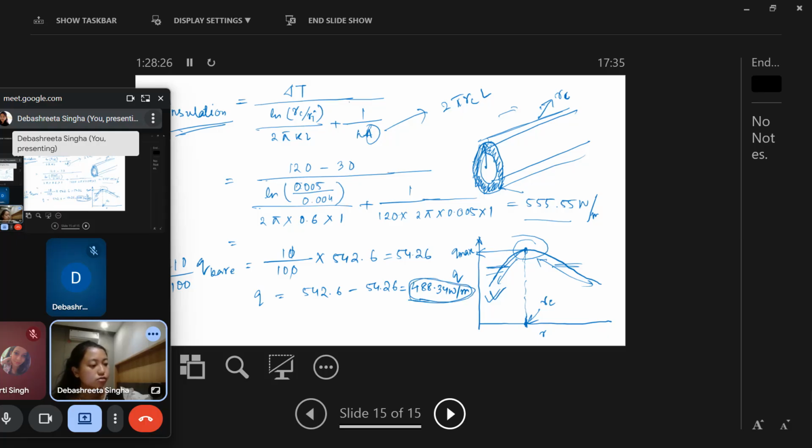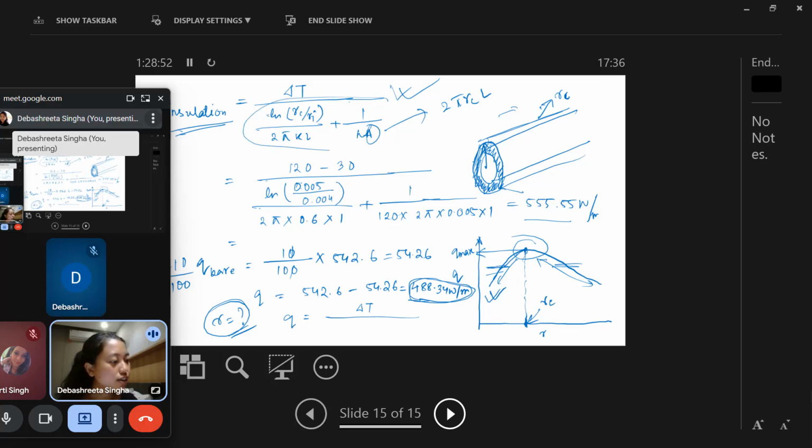Now, so that the heat transfer rate is this much, R should be how much? This is what they have asked. So we have Q is equal to delta T divided by the resistances. Here everything you know except this RC.